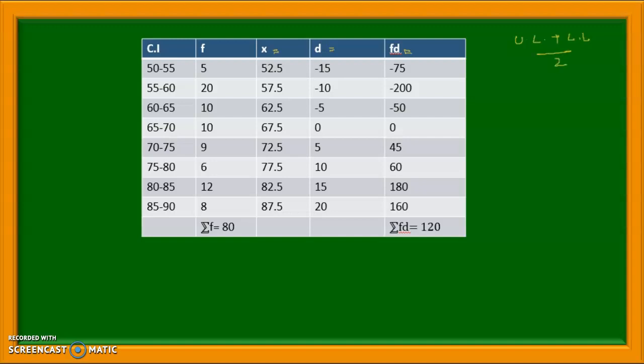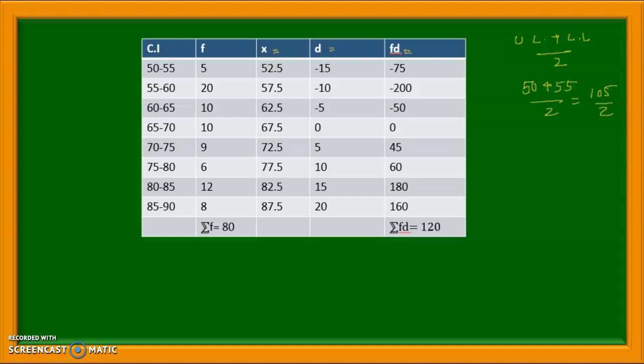For the first one, it is 50 plus 55 divided by 2. That means 105 by 2, so we get 52.5.